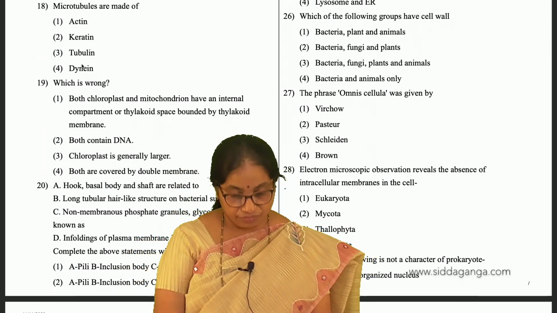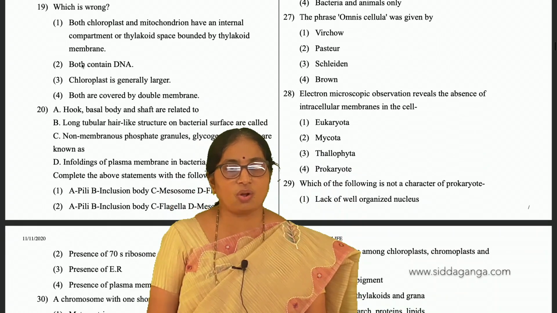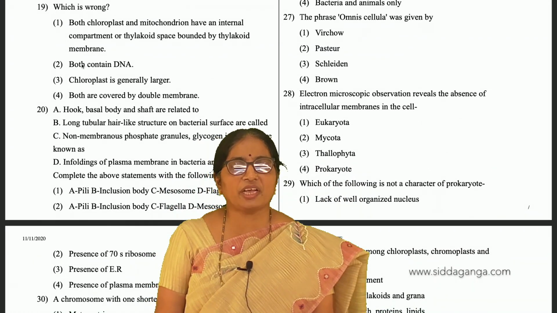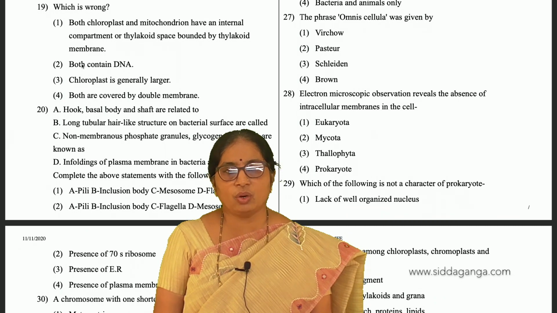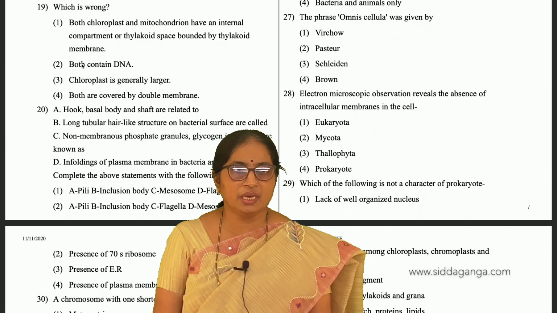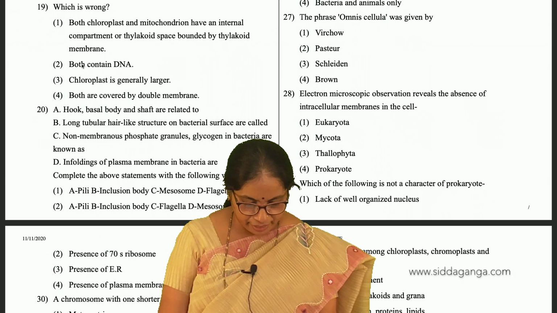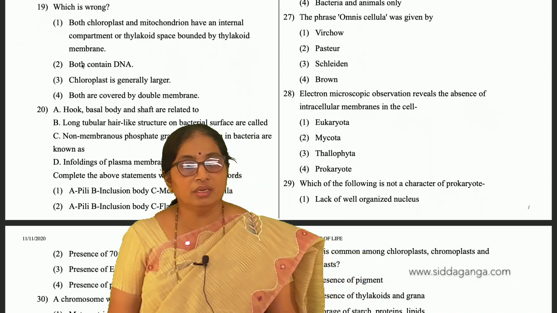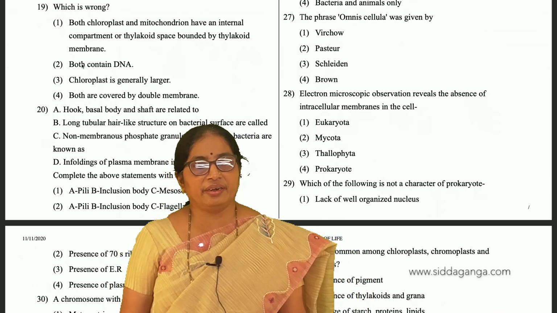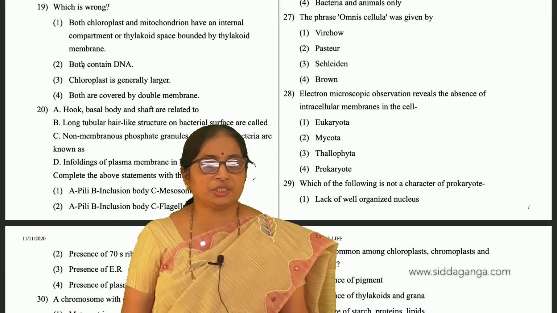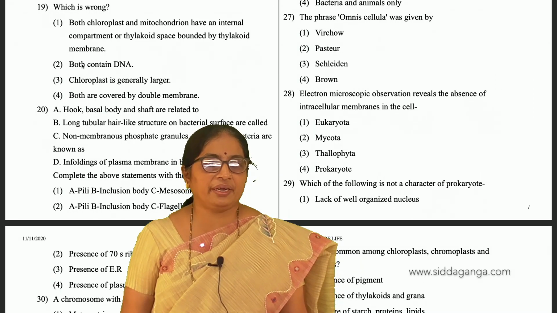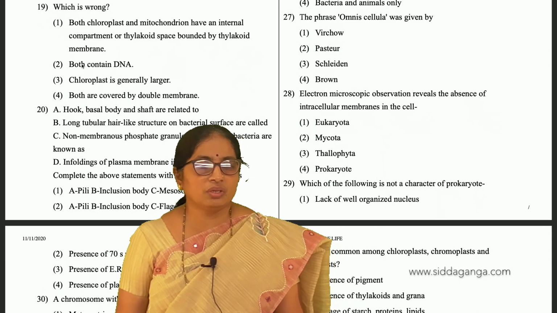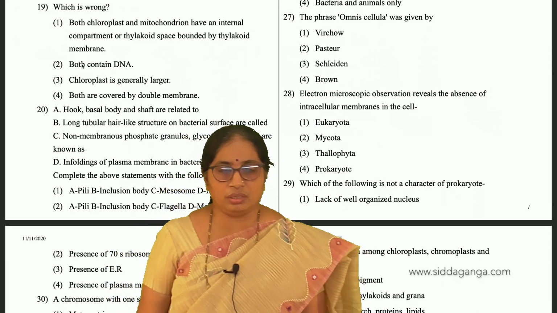Next question. Which is wrong? Both chloroplast and mitochondrion have an internal compartment or thylakoid space bounded by thylakoid membrane. Then both contain DNA. Chloroplast is generally larger. Both are covered by double membrane. So the question is, which is wrong?